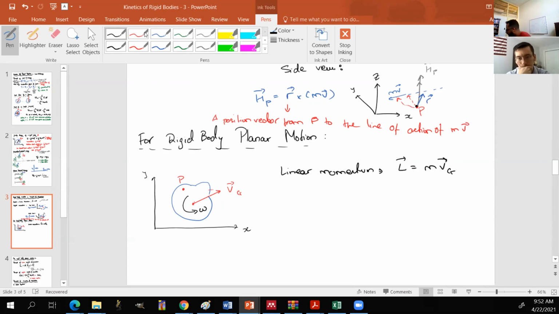Or you could also find your components in x and y, so you have vGx and vGy, the scalar components. So the x component of your linear momentum is just equal to m times vGx, and the y component of your linear momentum is just equal to m times vGy.